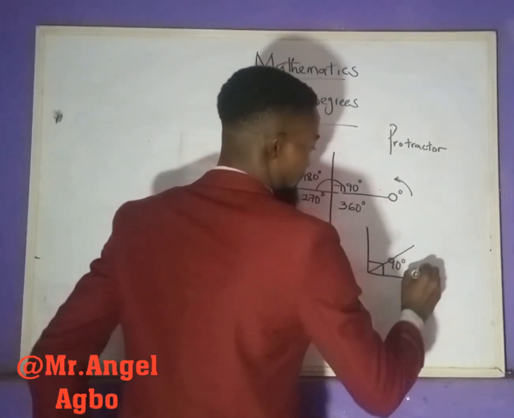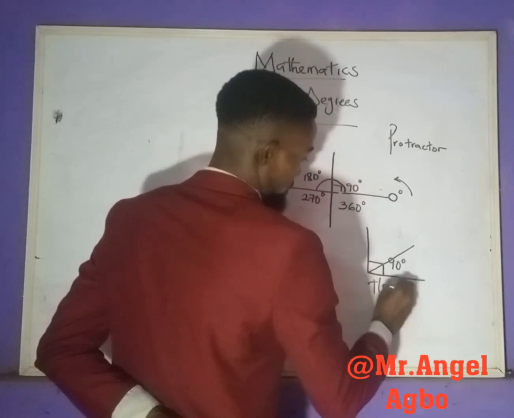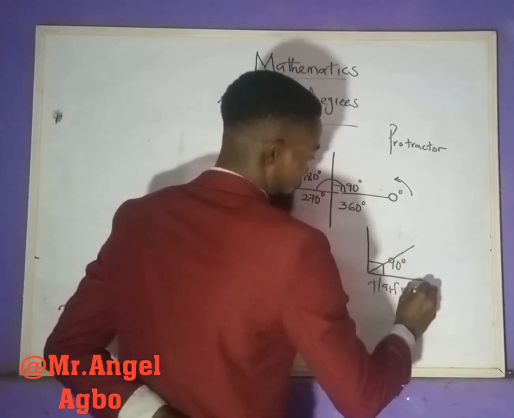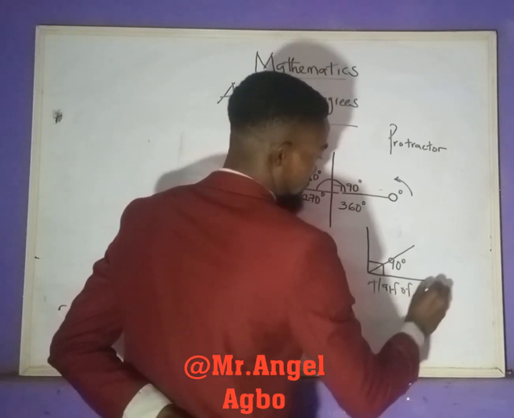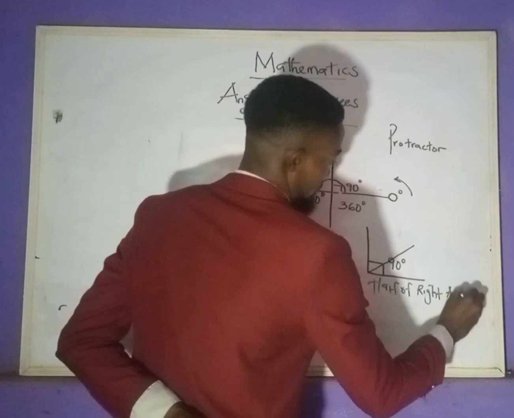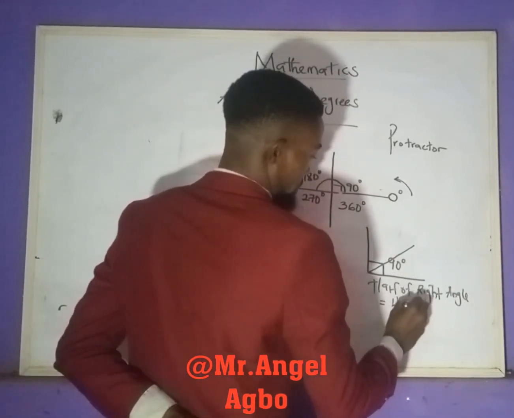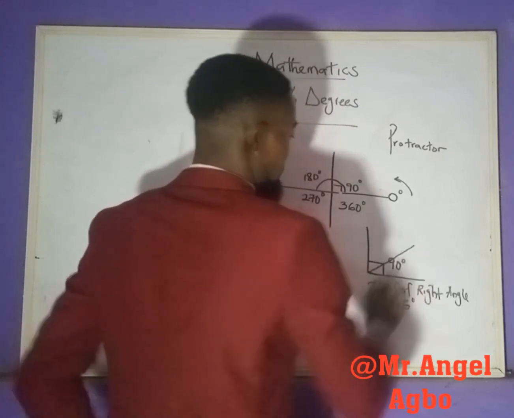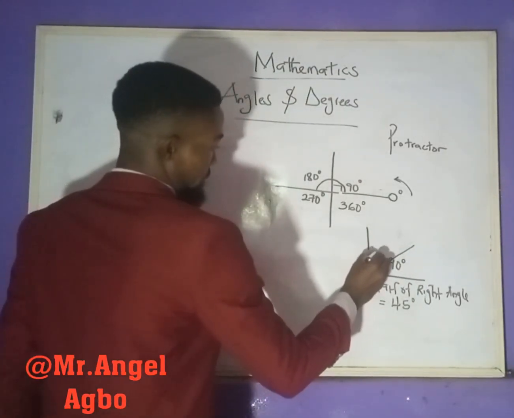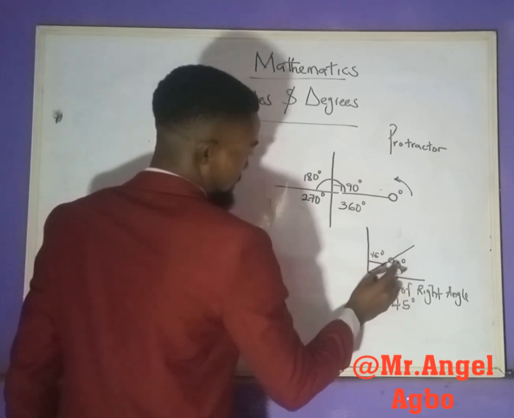Is 45 degree. That is to say, half of the right angle. When you divide this 90 into two, you have 45 here, and you have 45 degree here.